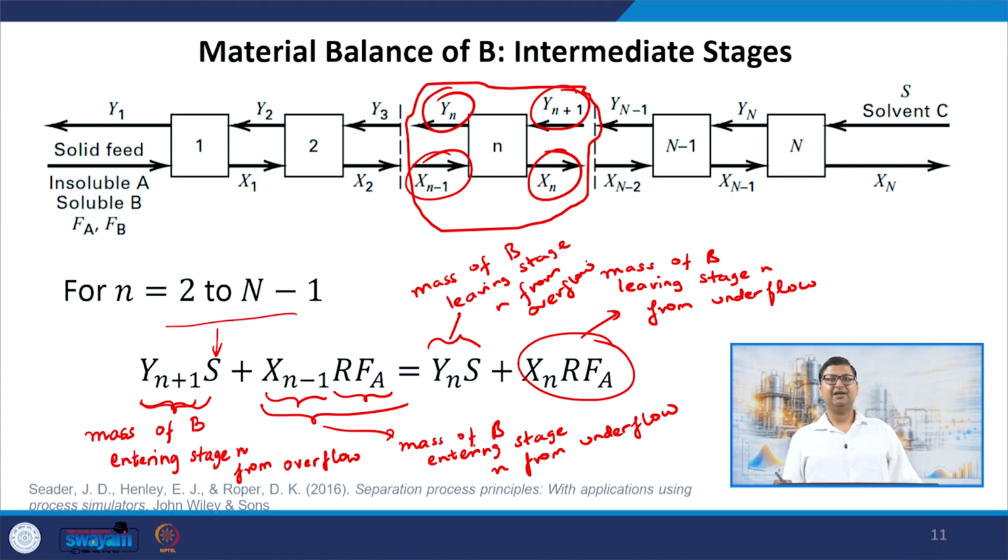So we essentially did in equal to out for the amount of B. We added what enters from the overflow and what enters from the underflow, that makes up the left hand side, and we added what leaves the overflow and what leaves the underflow, that makes up the right hand side, and we equate them and we get the material balance for B.